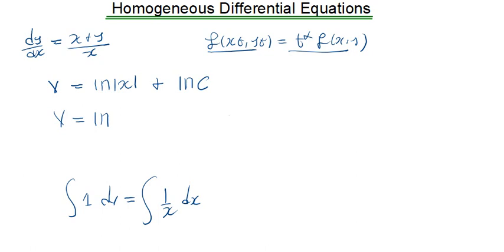If they are subtracting, you divide, the positive one divided by the negative one. Since both are positives, it's just going to be the natural log of xc, like that.